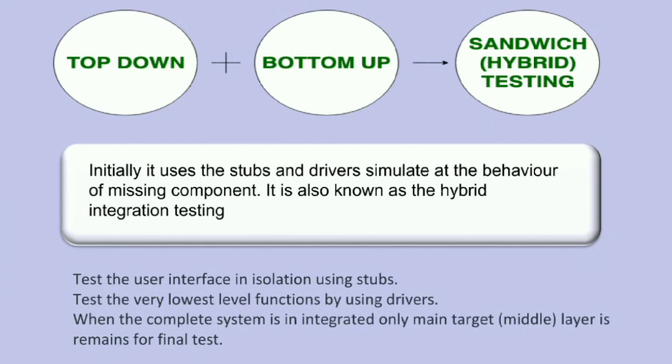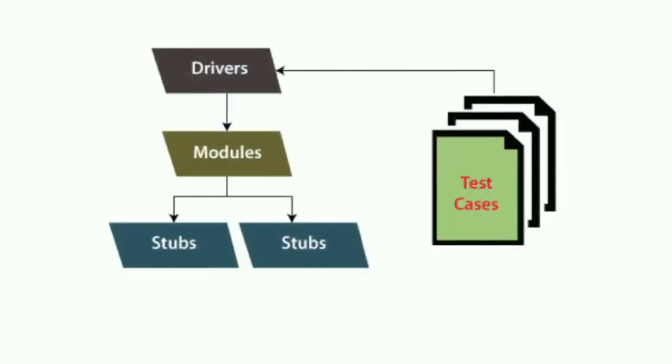Test the user interface in isolation using stubs. Test the very lowest level functions by using drivers. When the complete system isn't integrated, only main target layers remain for final test. A stub is called by the module, and a test driver causes the module to be tested.